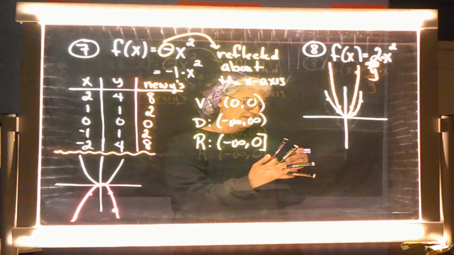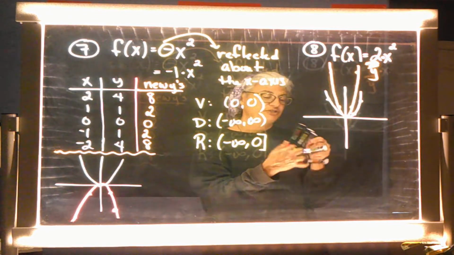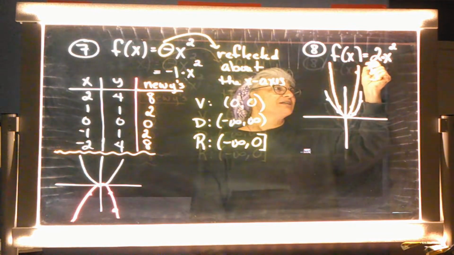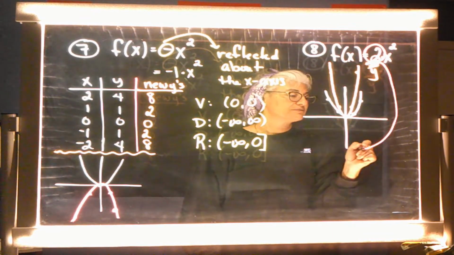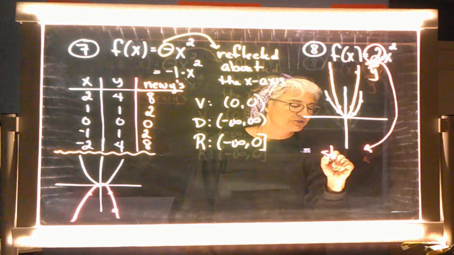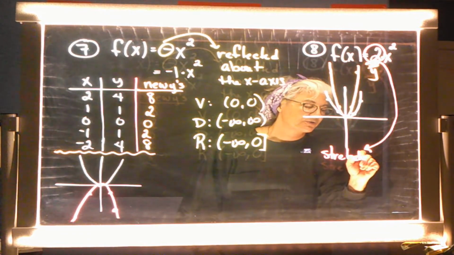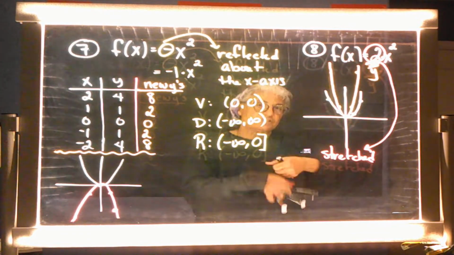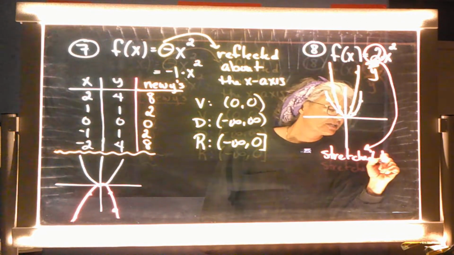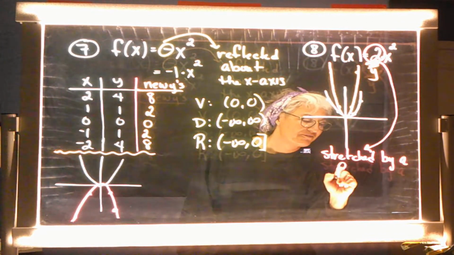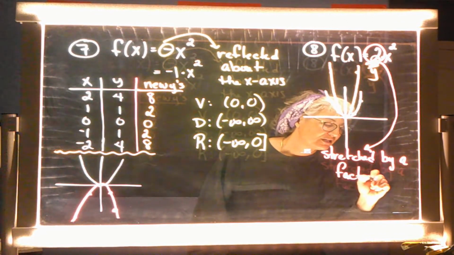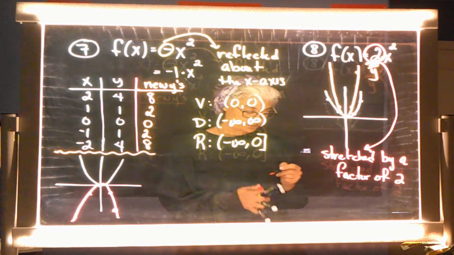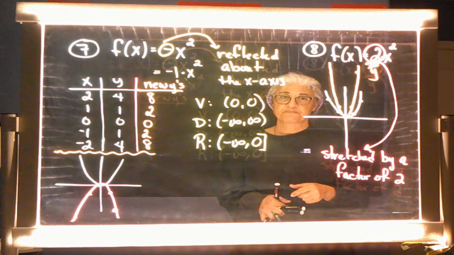We call this, since the 2 is there, this 2 stretched the graph. It became Gumby. It stretched it. Stretched by a factor of 2. You with me?